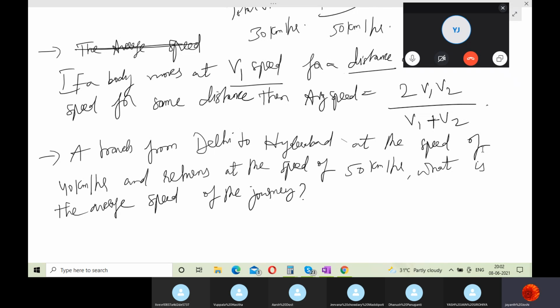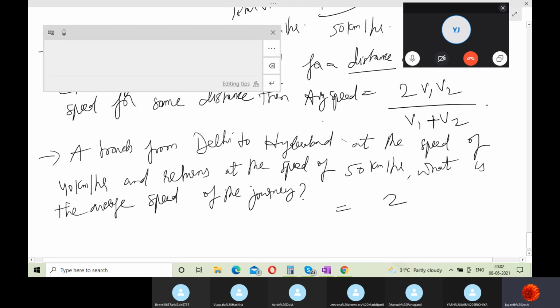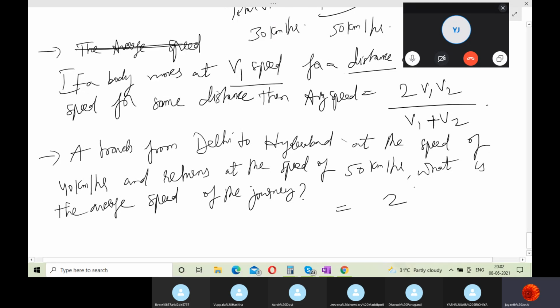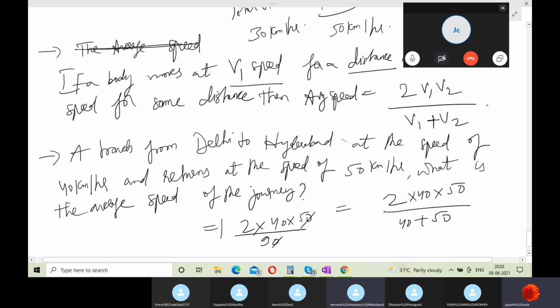Tell me what's the answer. What is the problem? Why are you not solving this question? What is the formula you'll use? 2v1 v2 by v1 plus v2. 40 plus 50. 2 into 40 into 50 by 90. Correct?